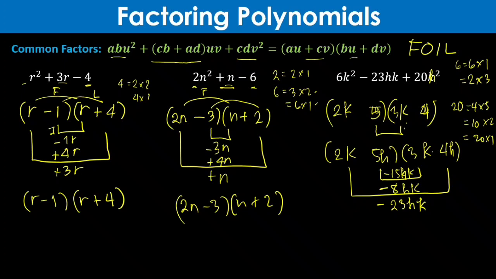True, because if we put negative and negative here and multiply this for our last, for L of the FOIL, negative 5h times negative 4h will give us positive 20h squared. So therefore, the factor is 2k minus 5h times 3k minus 4h.